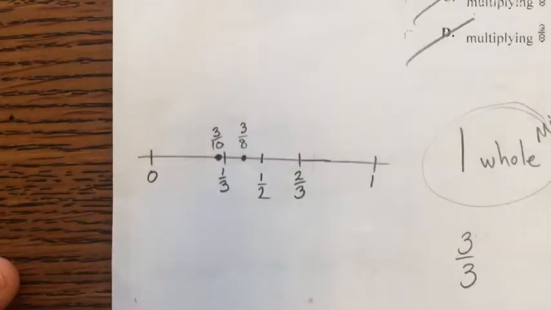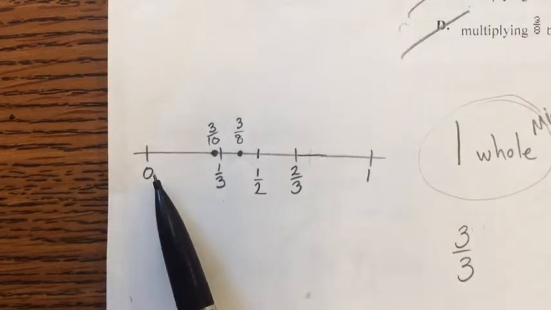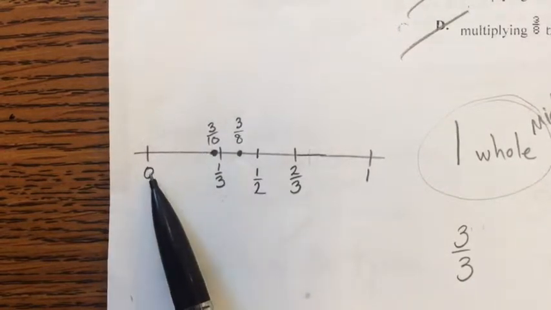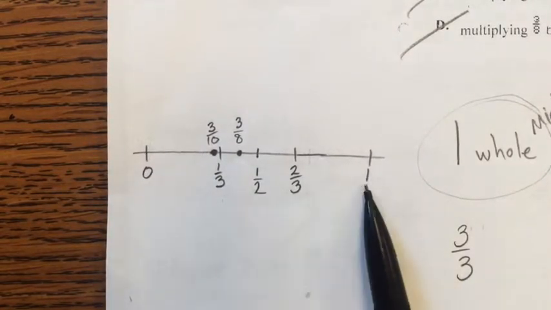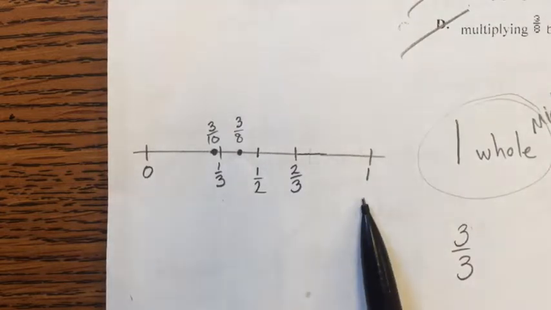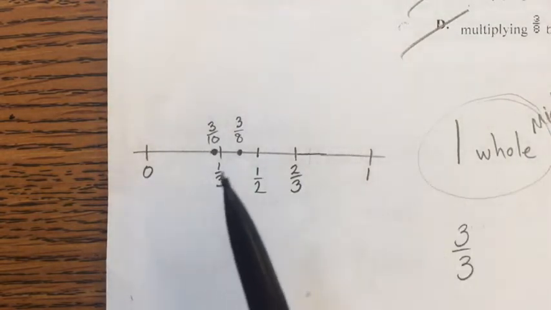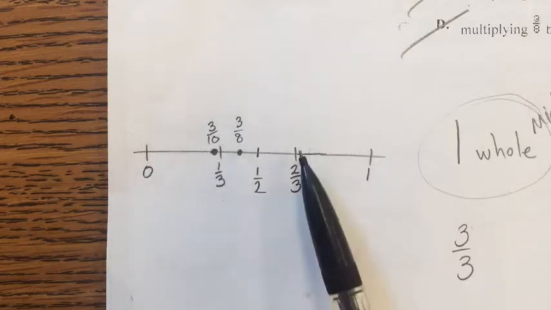That's what I did over here. On one side of the number line, since we're dealing in fractions, our highest value is going to be 1. So we're going 0 to 1 here. I divided it in thirds first, right? So here's 1/3, here's 2/3.